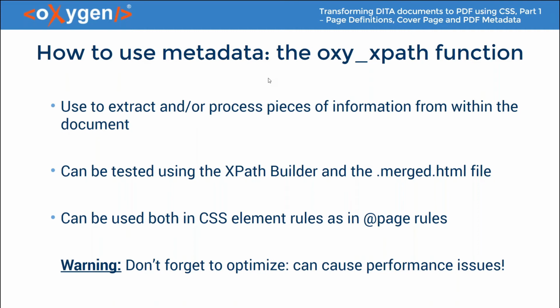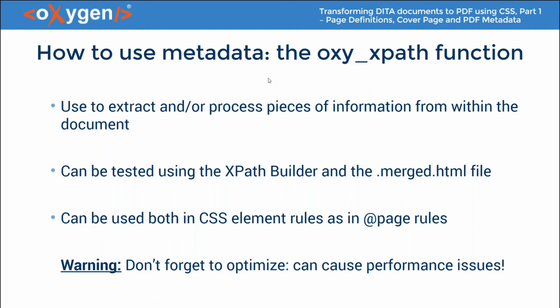And the other advantage of the oxy XPath function is that I can use it both in my classic CSS element rules, using, for example, the element name or the class attributes, and I can also define them in my page rules if I want, for example, to display a specific piece of information in my header.